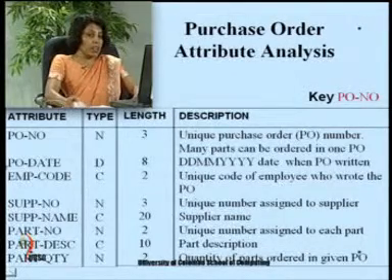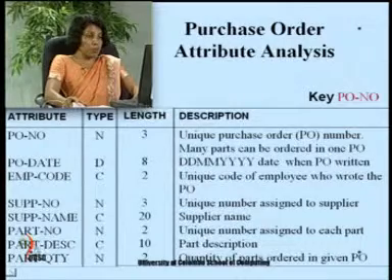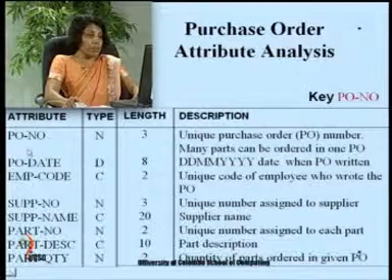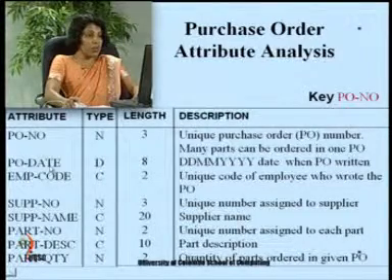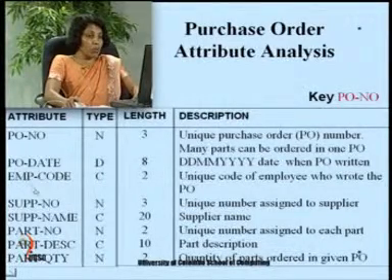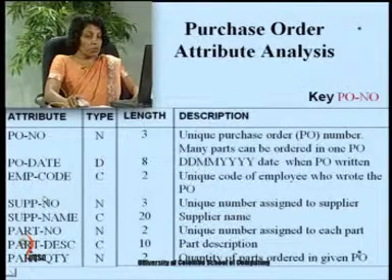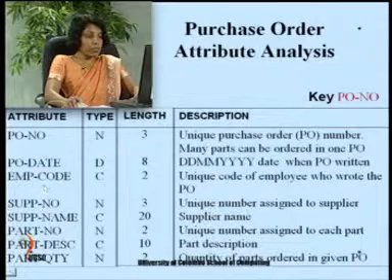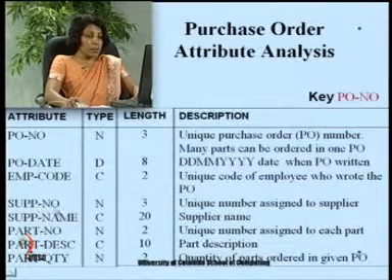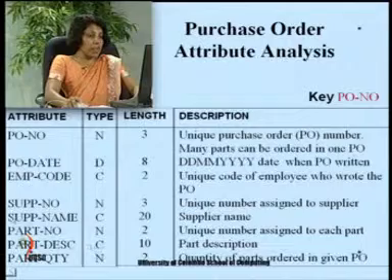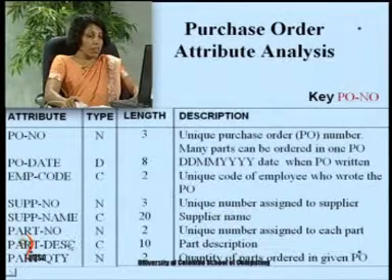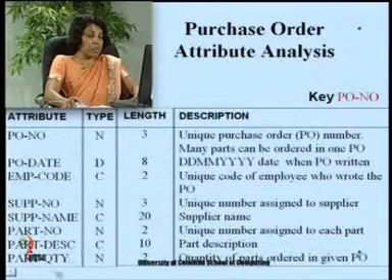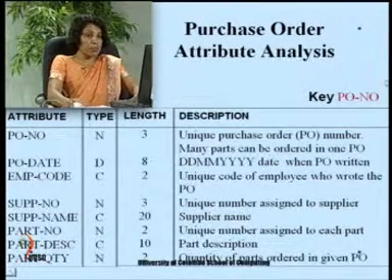As you can see, there are attributes for a particular purchase order: purchase order number, purchase order date, employee code that will reflect who has written the purchase order, and then the supplier number, supplier name, the parts relevant to a particular order, part description, and the quantities.